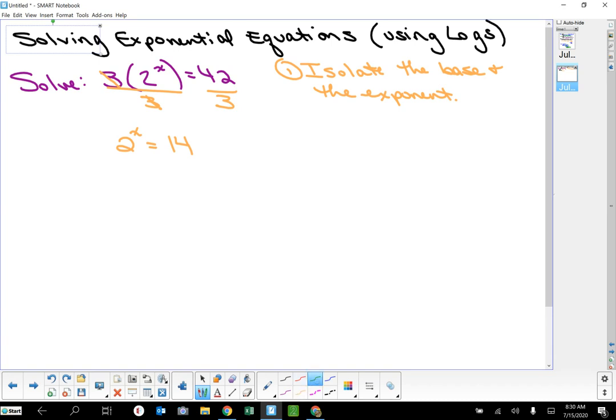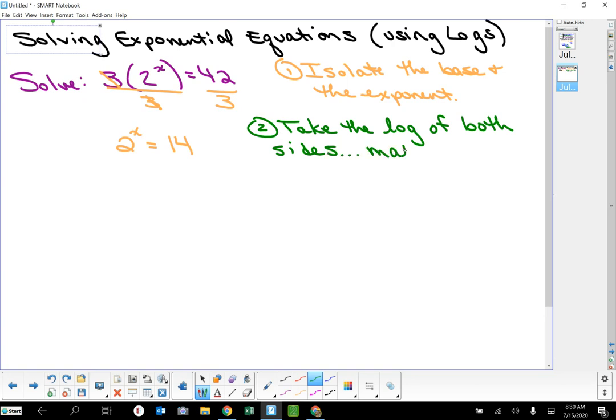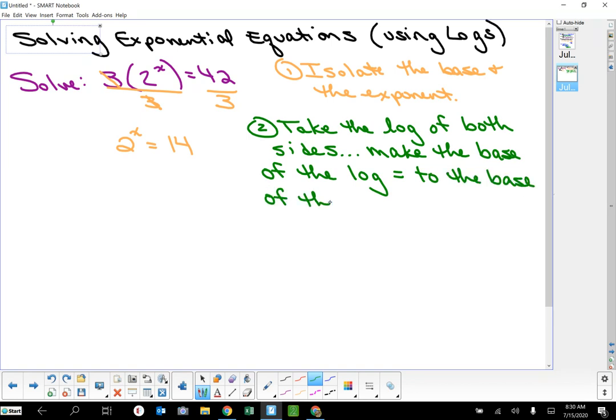So what you're going to do is take the log of both sides and make the base of the log equal to the base of the exponent.